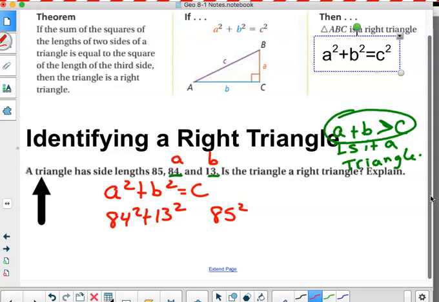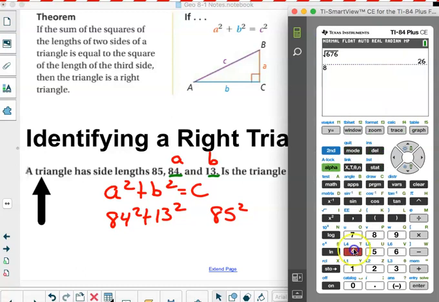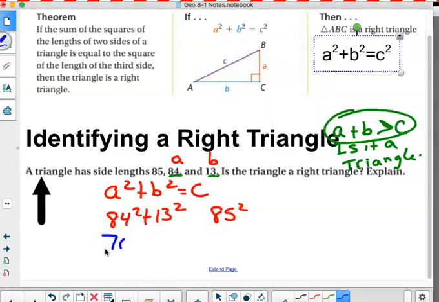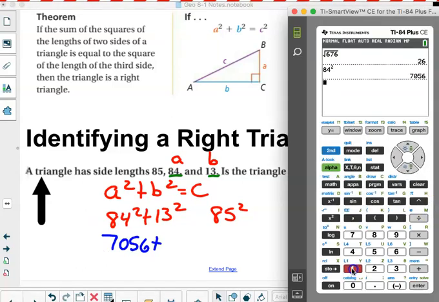Now, I know 85 squared is 5,725. But let's check out the other two because I have no idea what they are. So we got 84 squared, that's going to be 7056, plus my 13 squared, and 13 squared should be 169.